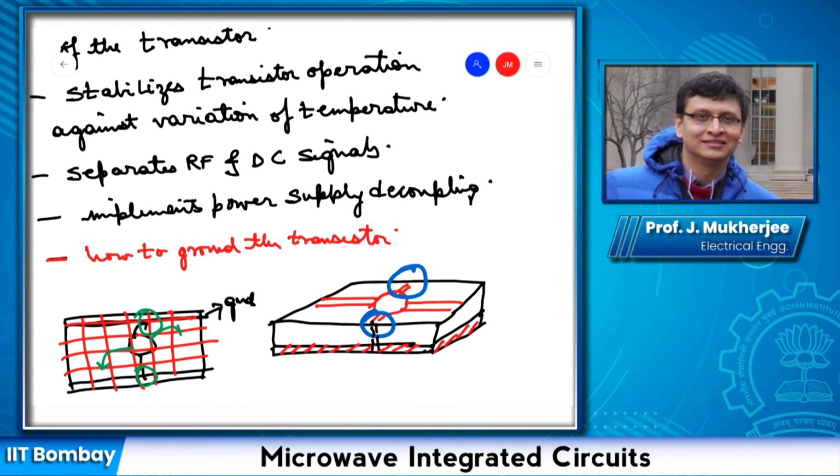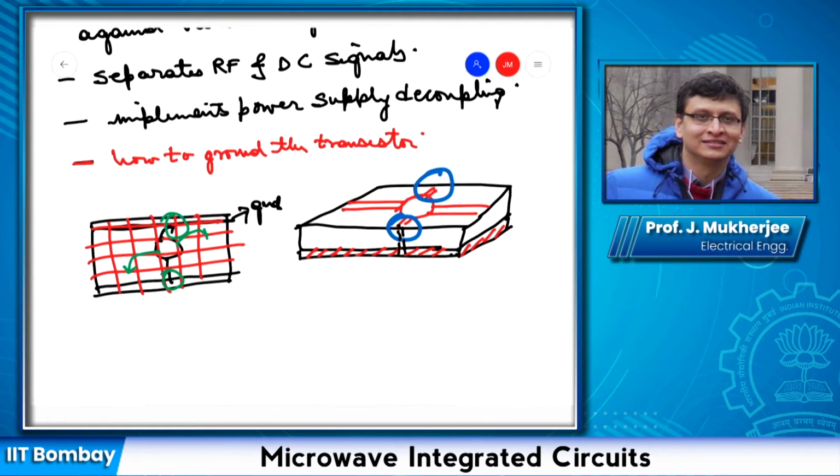And one other very important aspect, not as important as the first four, but still very important, is the heat sink. In power amplifiers, where the output power is quite large, a lot of heat is created.